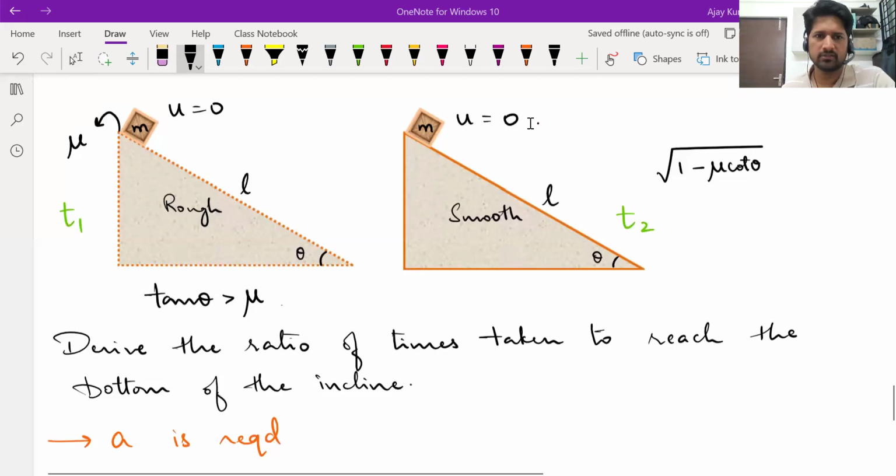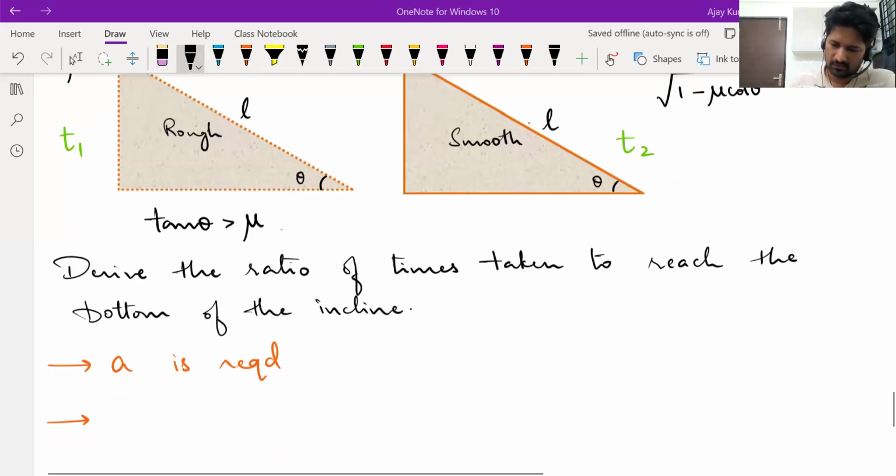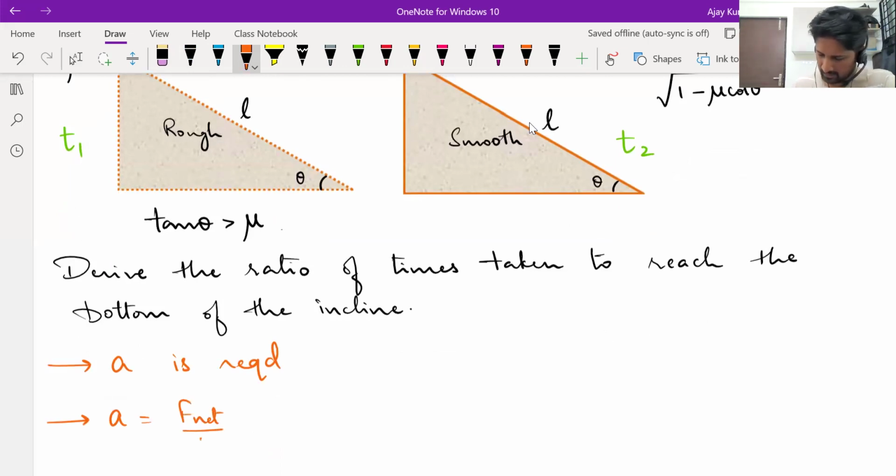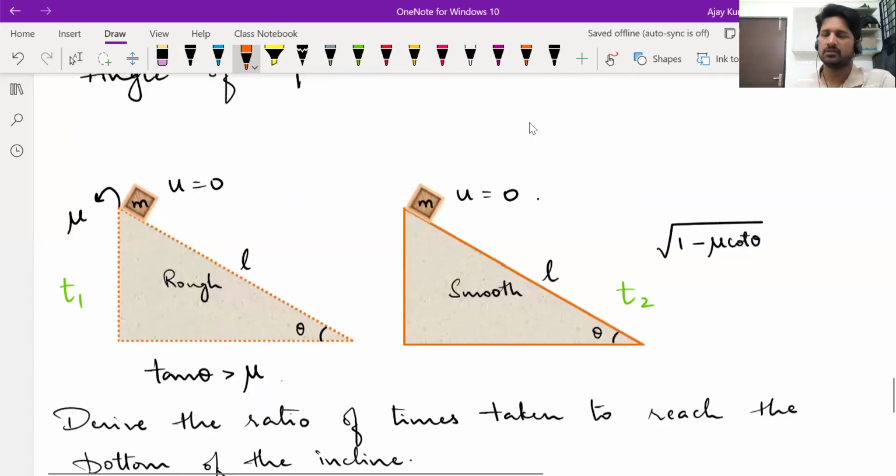You have to visualize the forces acting on the object. So acceleration can be derived from net force divided by mass. So now you have to see what is the net force acting on each object. So you have to visualize the forces acting on the objects. Tell me, let's call them cases 1 and 2. Case 1, what forces act on the block?